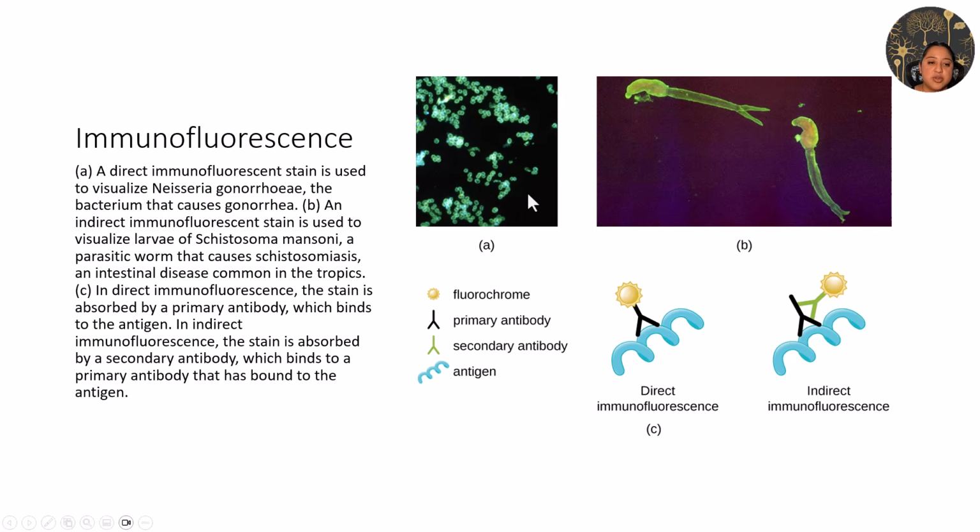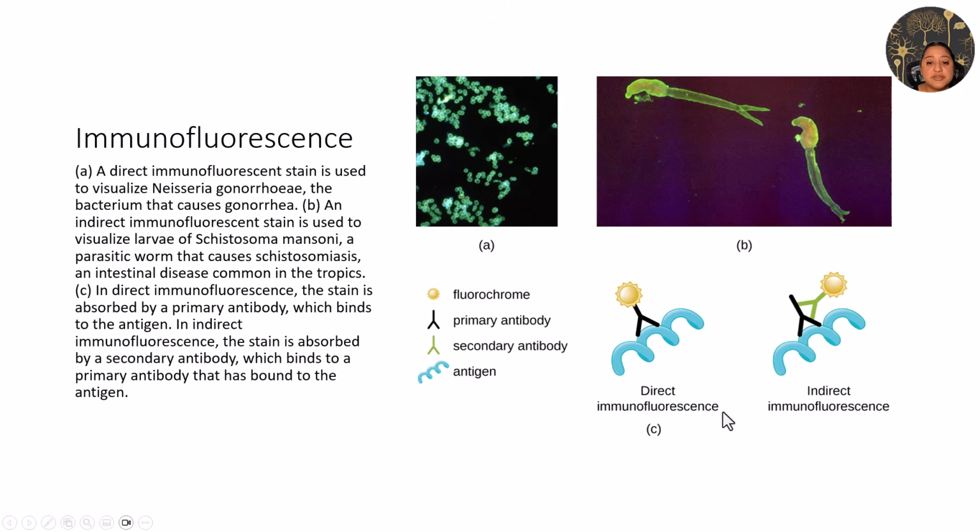So here's an example of an immunofluorescent stain to help visualize Neisseria gonorrhoeae, the bacteria that causes gonorrhea. Again, this should be italics, my bad. If the antibody that's marked with a certain dye or stain finds gonorrhea, it'll mark them, and that's why you can see them now, because they're marked with the immunofluorescent tag.